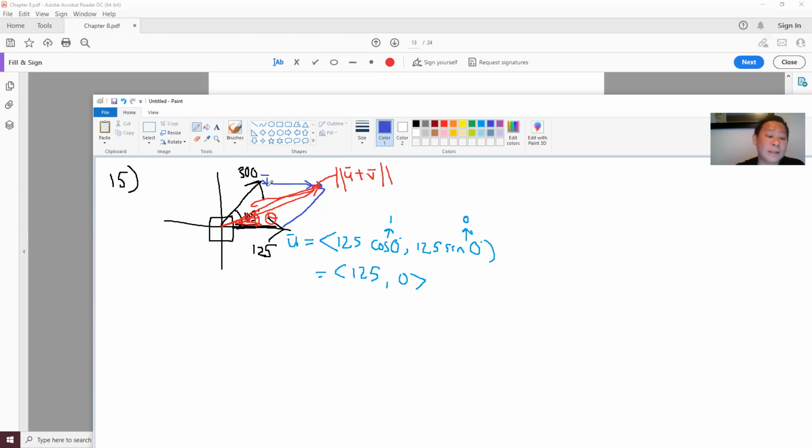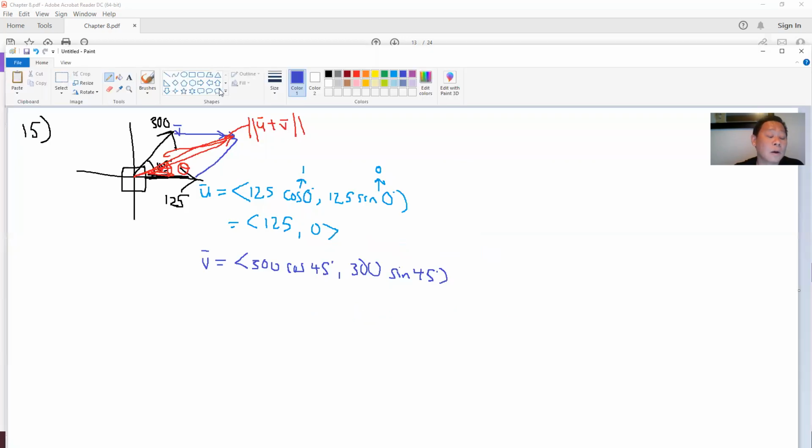Next, we need to find what is vector v. Vector v is the same thing, but this time the magnitude is 300 and your angle is 45 degrees. So it's 300 cosine 45 degrees and 300 sine 45 degrees. For 45 degrees, sine and cosine are √2/2.